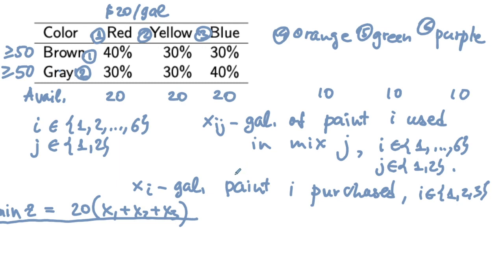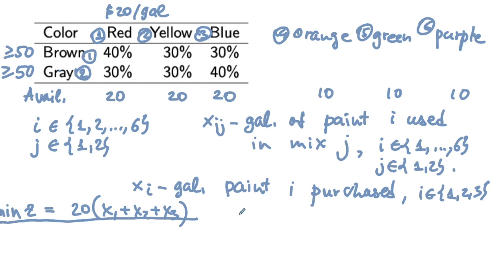Okay. So for the constraints, first of all, we need to make sure that there are at least 50 gallons of brown and at least 50 gallons of gray mix. What's the total amount of brown mix that we produce? It's going to be the summation of x_ij for i between 1 and 6 and for j equal to 1, right?